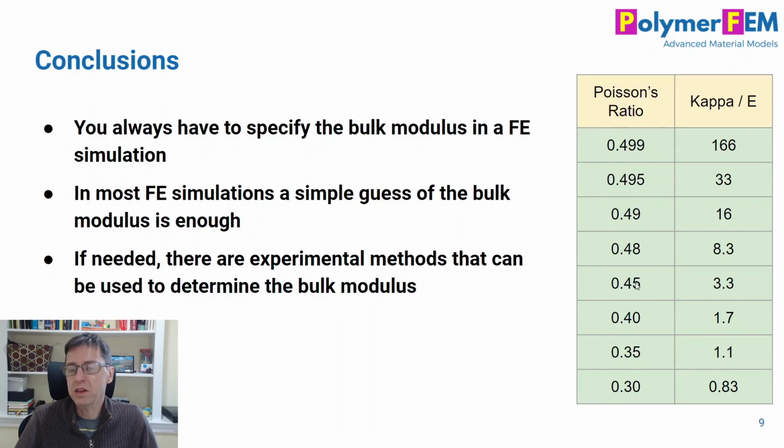And you can see that a Poisson's ratio of 0.45 gives you a kappa that's about 3.3 times the Young's modulus. It gives you a little bit of a feeling for how kappa should be. In MCalibration, it's also very easy to specify the Poisson's ratio in a Poisson's ratio load case and then search for kappa as part of your parameter optimization. If you need to, you can measure it, but most of the times you actually don't need to.